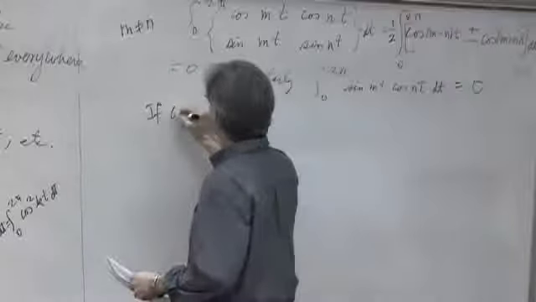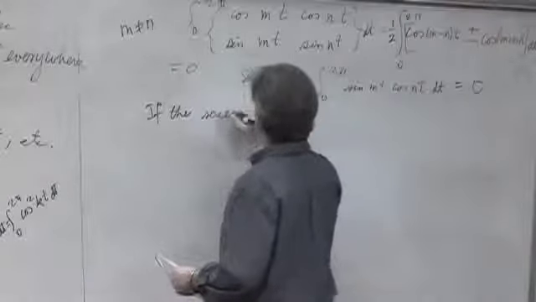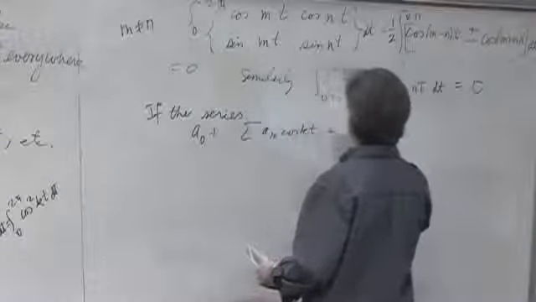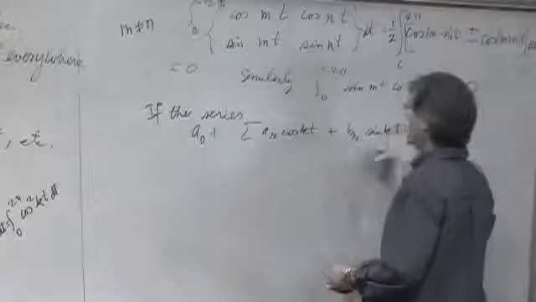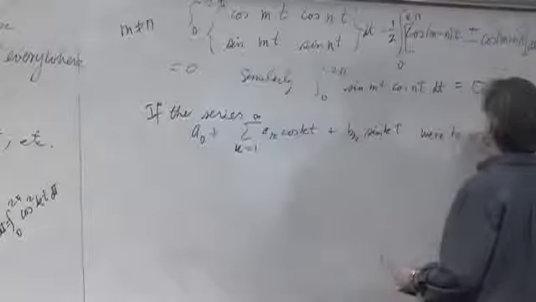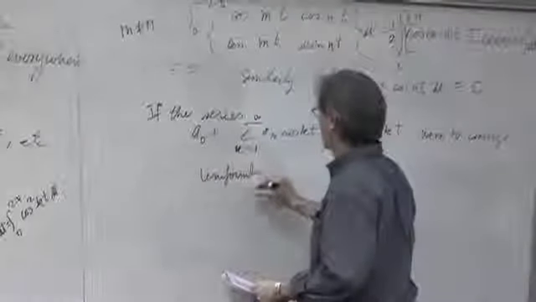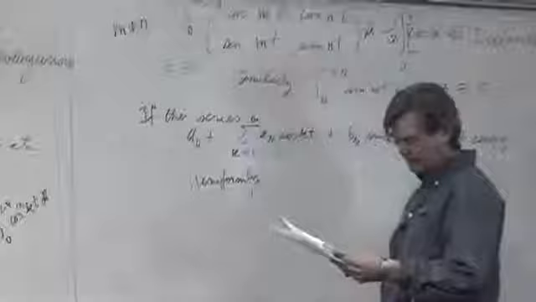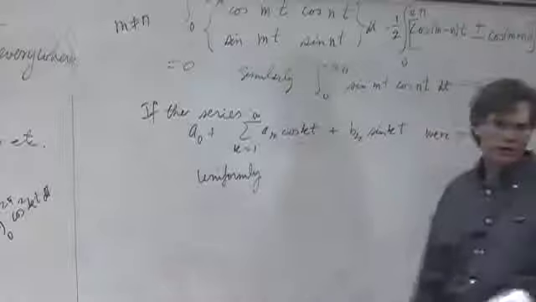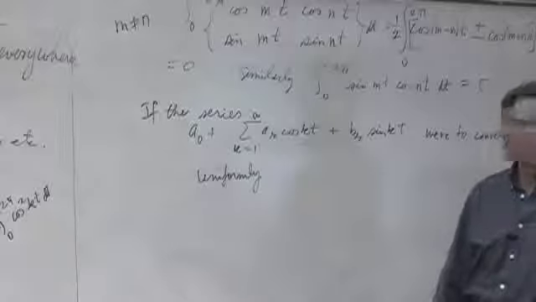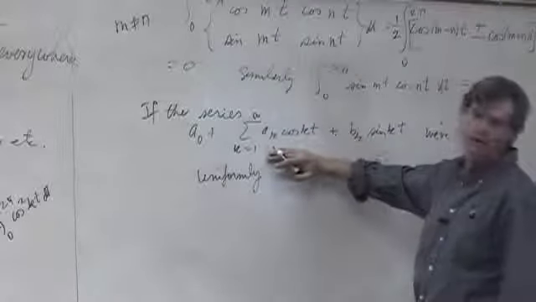If the series, just perhaps, A0 plus the summation of AK cosine kt plus BK sine kt, k goes from 1 to infinity, were to converge uniformly, and then it would be, of course, converging to a continuous function. Pointwise converging, and uniformly converging to a continuous function, because the partial sums are continuous functions.